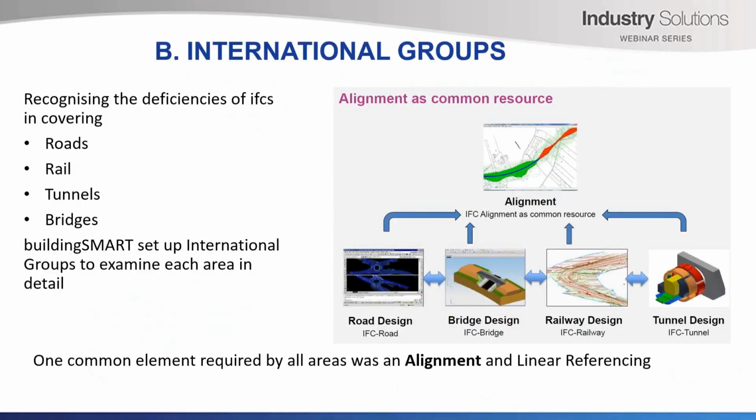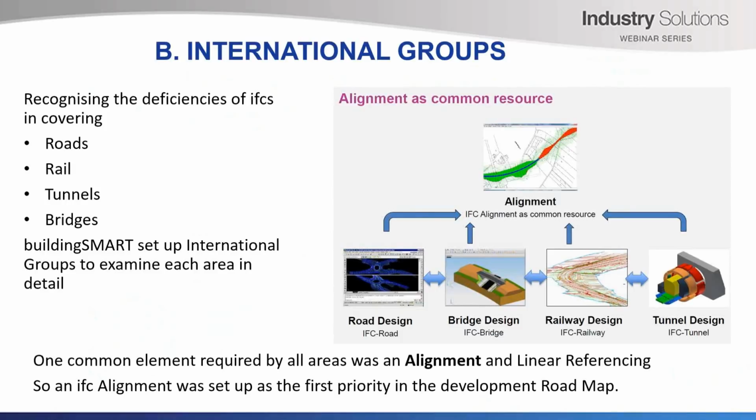What they realised though, one common element to all of them was an alignment. You need an alignment so you can do linear referencing. So the IFC alignment is going to be the first priority, so that could be used for everyone, because everyone said everything's done by linear referencing to an alignment string. That's how most things are set up.